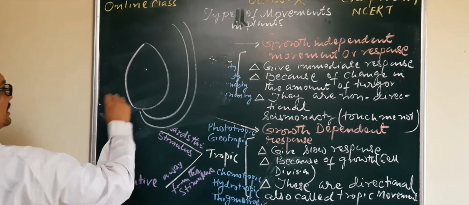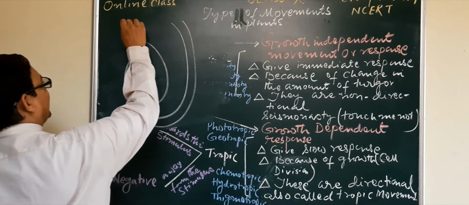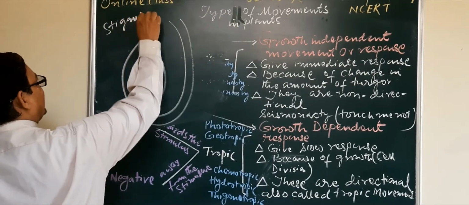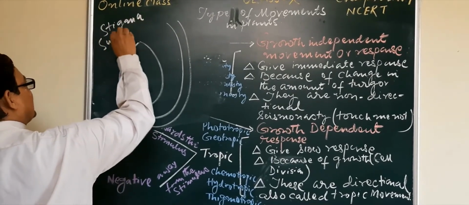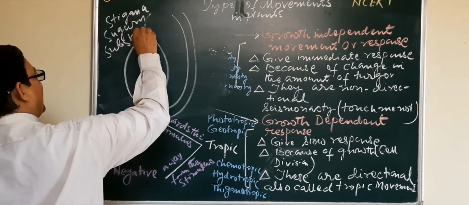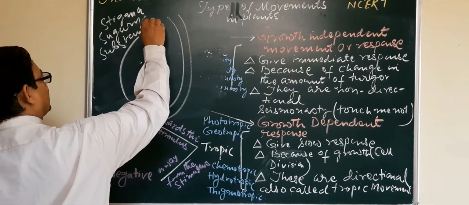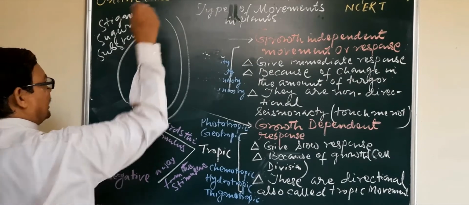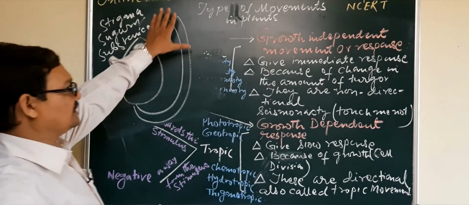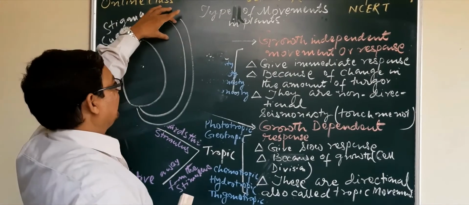That is due to the secretion of sugary substances from the stigma, and on the stigma there is germination of pollen grains.